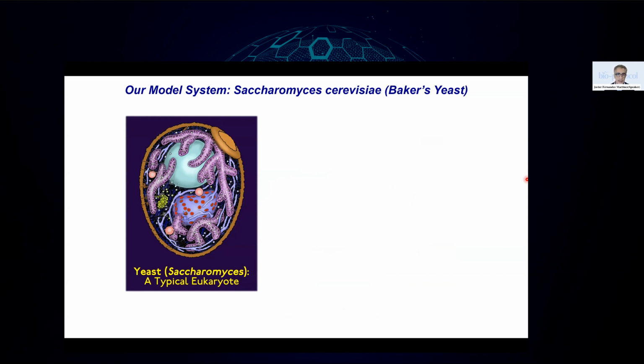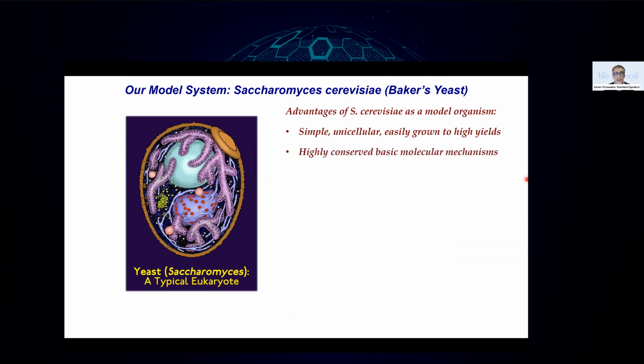This is a very widely used model organism that, in our hands and for our purposes, has several very interesting advantages. First of all, Saccharomyces is a simple unicellular eukaryote that can be easily grown, is quite inexpensive to grow, and it can produce really high yields.